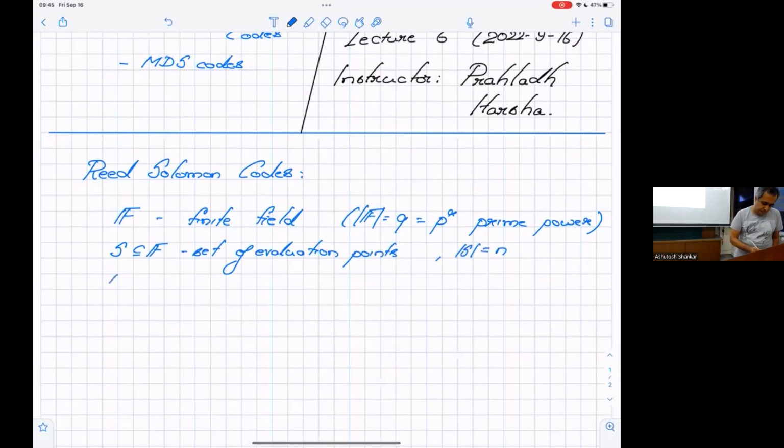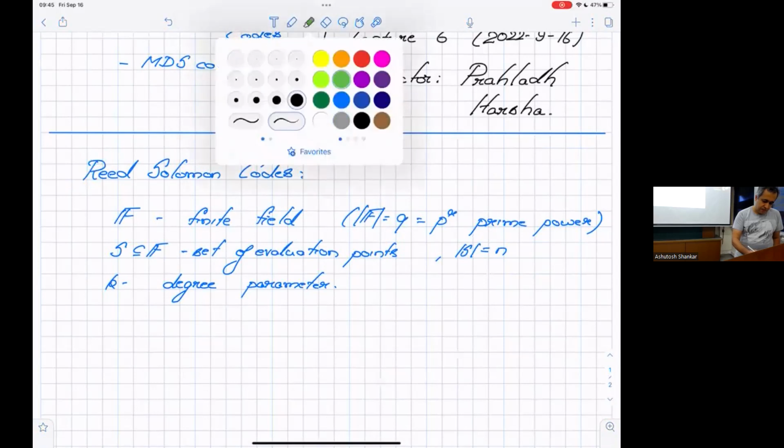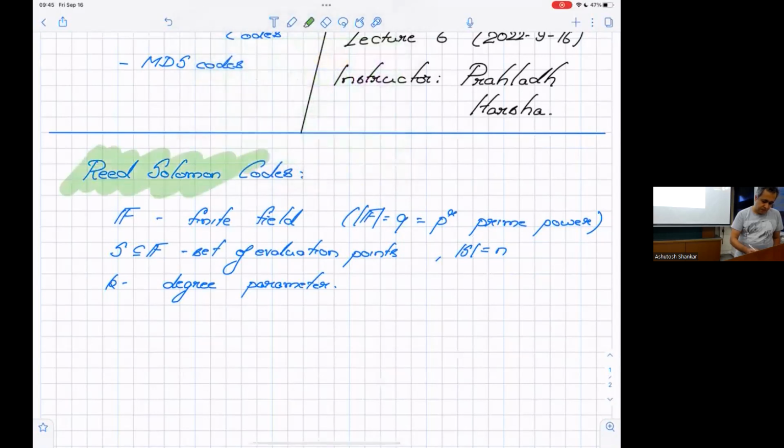And k, the degree parameter, which is actually one more than the degree, and you'll see why that's the case.